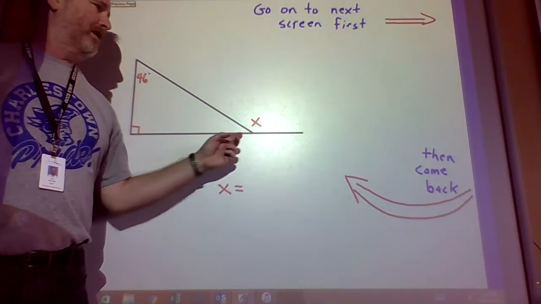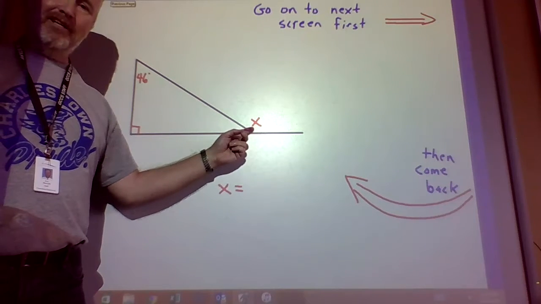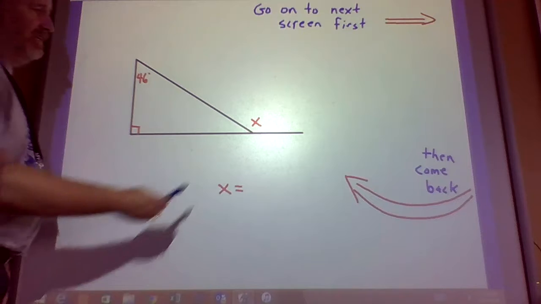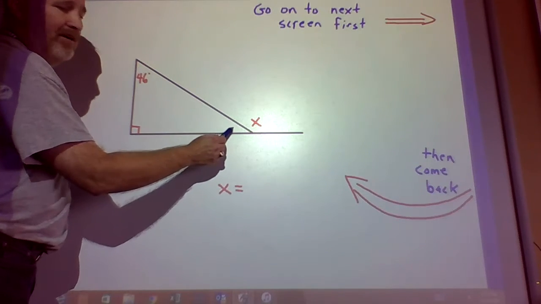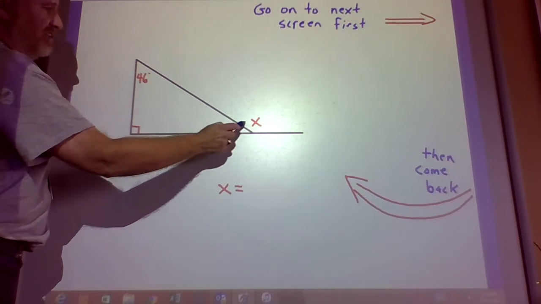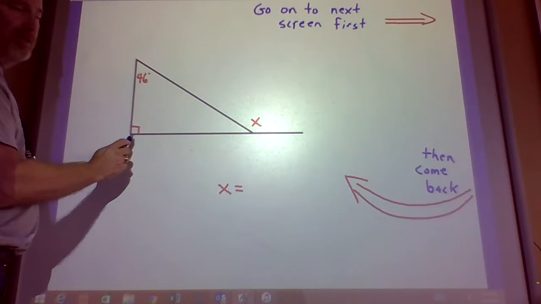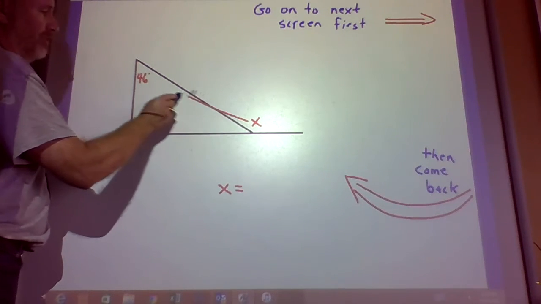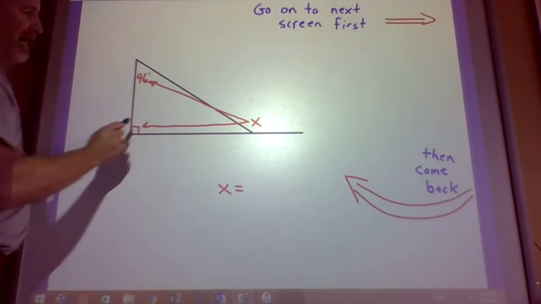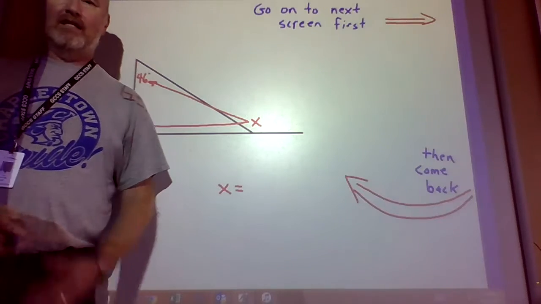I extended one of the sides, creating this exterior angle, which is labeled X. You can see the close angle, I don't care about it, no markings on it, but I do have markings on the two remote interior angles. One of the remote interior angles is 46, the other one is a red box, which I think everybody knows at this point.